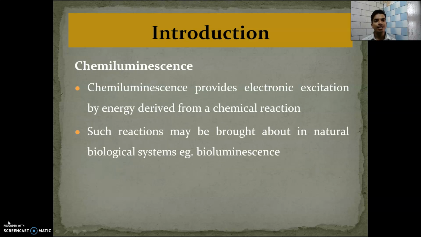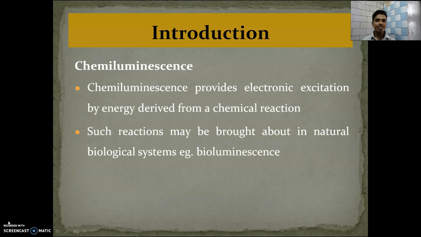Then chemiluminescence. Chemiluminescence provides electronic excitation by energy derived from a chemical reaction. The name itself indicates that a chemical reaction is involved in this luminescence. Such reactions may be brought about in natural biological systems, and this is called bioluminescence.